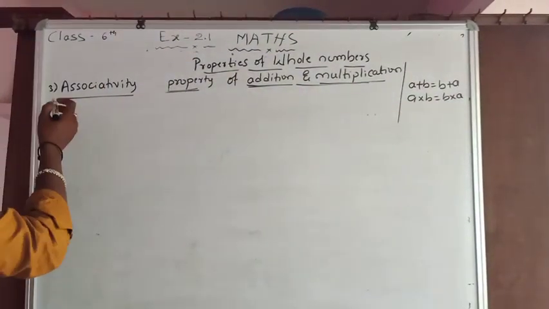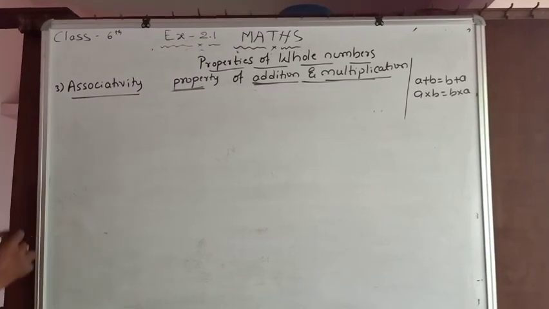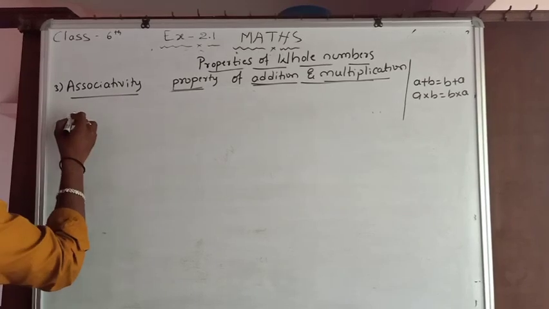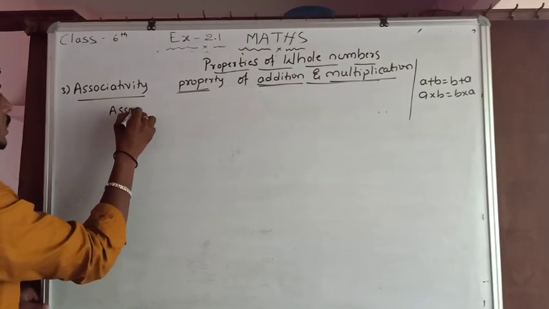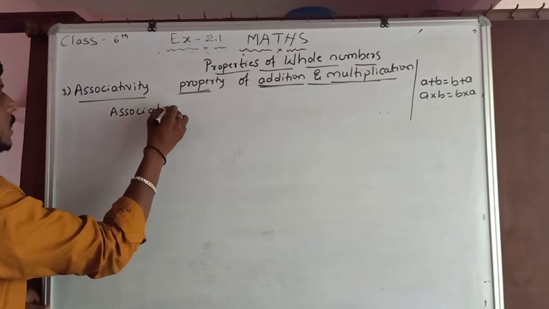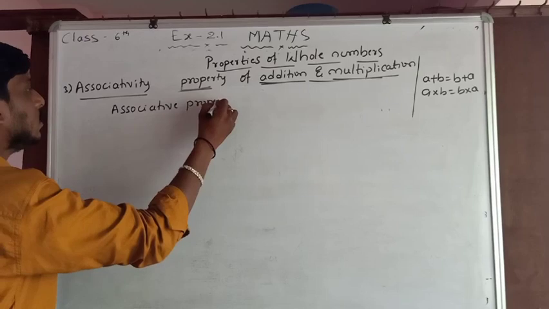And the third property is the associative property of addition and multiplication. First I will write the associative property of addition.